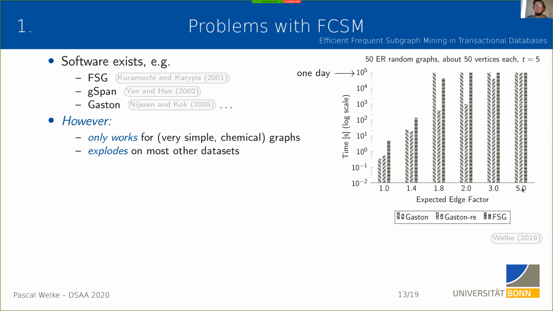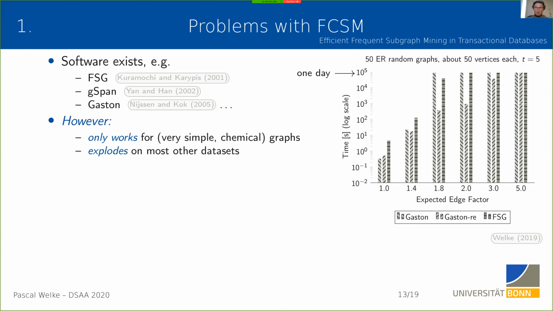And on the y-axis, you see the time that different algorithms require to solve this database. And the thing is that for 50 vertices and 100 edges on average, these algorithms tend to not finish in a day, which is sad, right? Because it's a rather small database and we're not able to solve this.